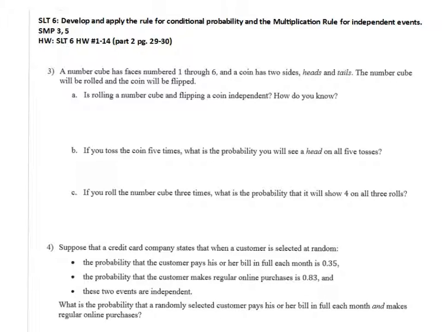So let's say we want to show that the probability of getting a 6 is equal to the probability of getting a 6 given that we had a heads, for example. So the probability of getting a 6 on your dice is 1 out of 6. The probability of 6 given heads is the probability of 6 and heads out of just the heads.